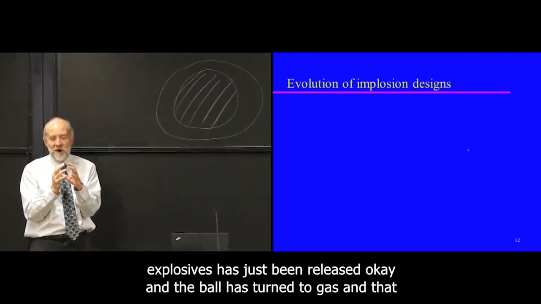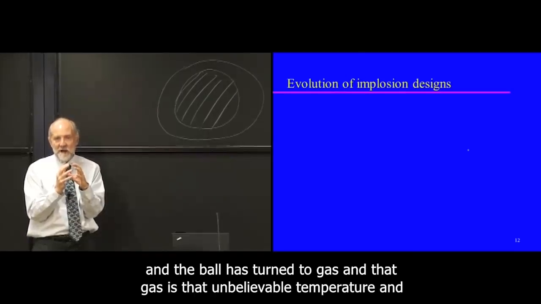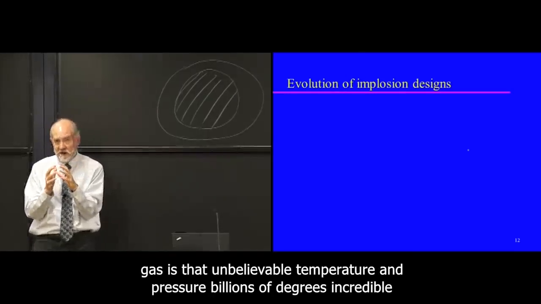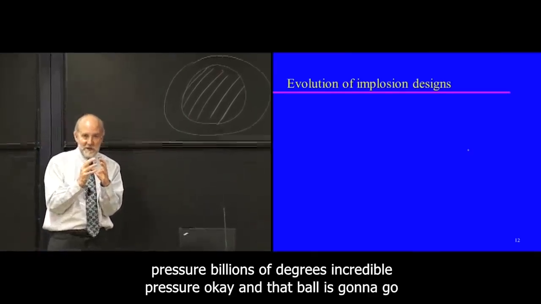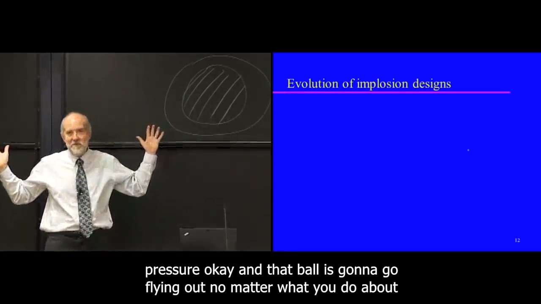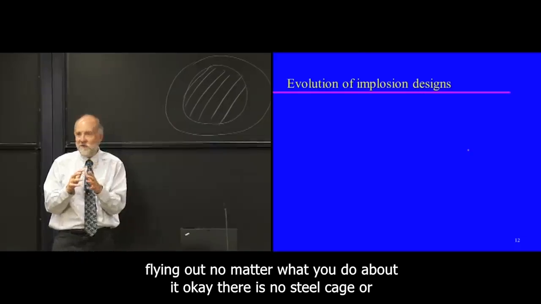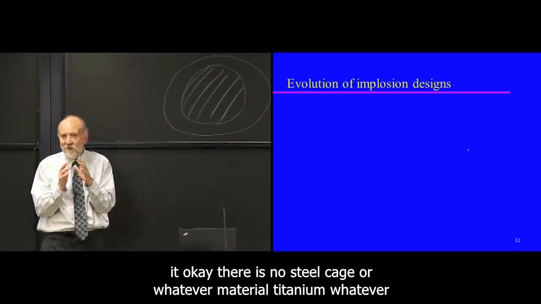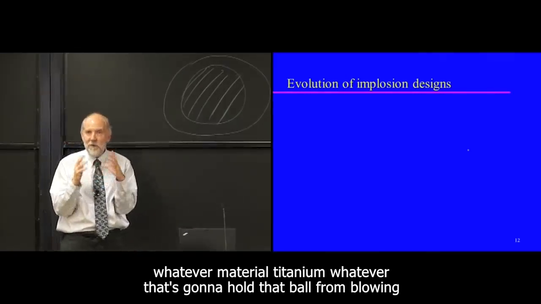And the ball has turned to gas, and that gas is at unbelievable temperature and pressure. Billions of degrees, incredible pressure. And that ball is going to go flying out no matter what you do about it. There is no steel cage or whatever material, titanium, whatever, that's going to hold that ball from blowing apart.